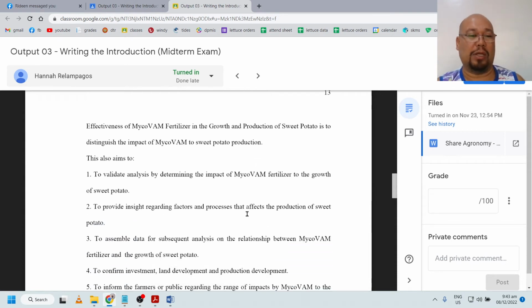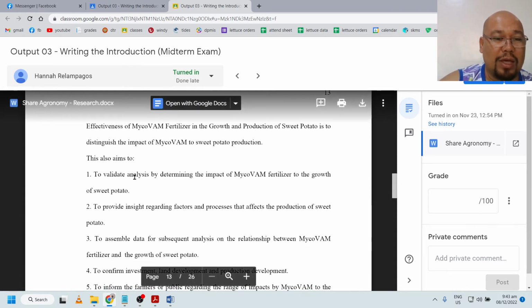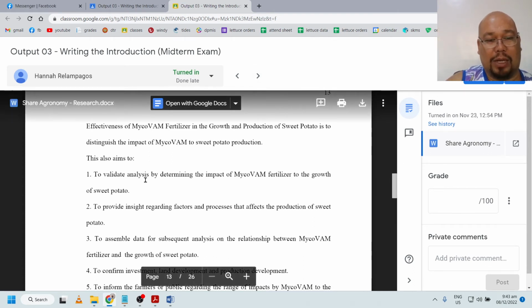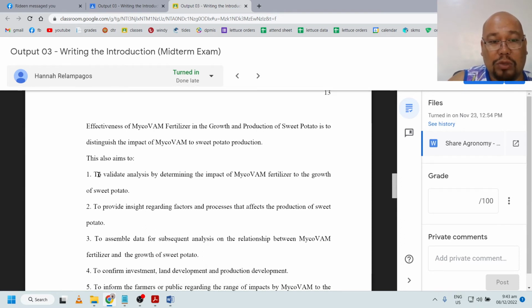Okay, kini nga mga terms. No? To validate the analysis by determining the impact. Unsa man gyud? Mag-validate mo, mag-analyze mo, mag-determine mo og impact. See? So you have to be very careful sa ato ang choice of words para dili ta malibog. Kung mag-validate, mag-analyze, mag-determine, ayaw usahain in one objective statement.